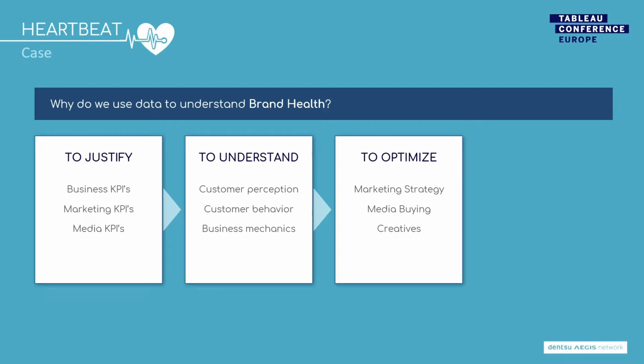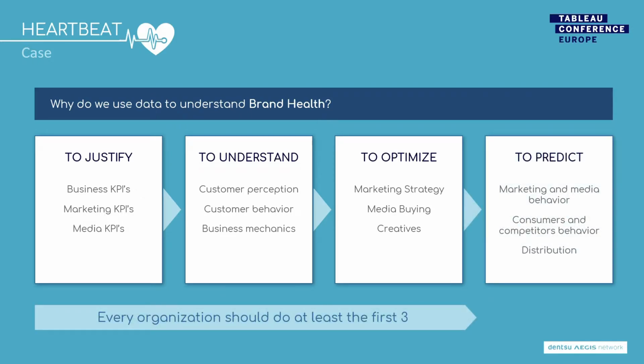Move more to radio, because we see that if we're using radio budget, it's resonating more, or it's moving people more to the website. So we're also using data to optimize our strategy. And even if we do traditional market research, to kind of optimize the creatives that our client has. So we say the first three, every organization should really look into justification, understanding, and optimization.